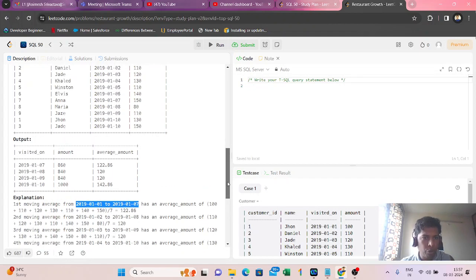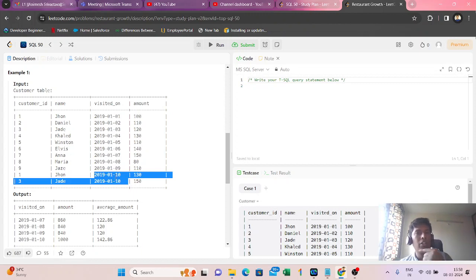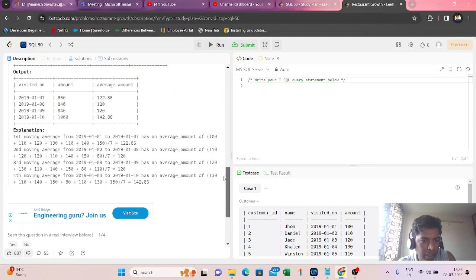Now, one thing you have to keep in mind: suppose for these 2 days, 10 and 10, this would be counted as one entry. So before moving to the moving average or cumulative sum part, you have to make a table out of this table where you get one entry for every visited on date. I will show you the example that they have explained.